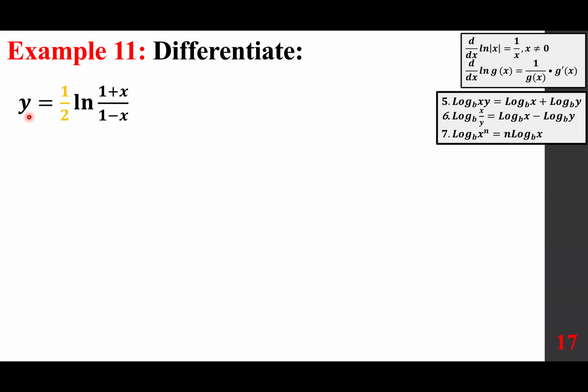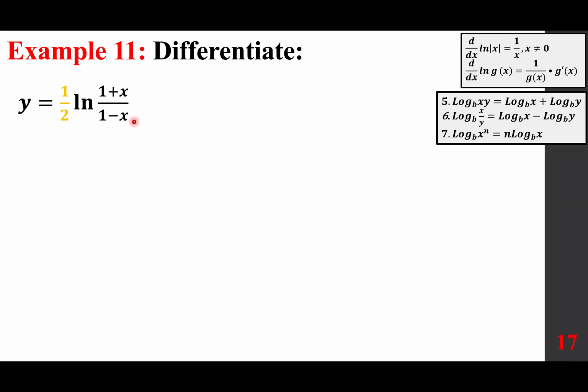Y equals 1/2 ln of (1 plus x) over (1 minus x). If you differentiate the way it is, you keep the 1/2, you have to flip this over, and then you have to differentiate this using the quotient rule. We're not going to do that.